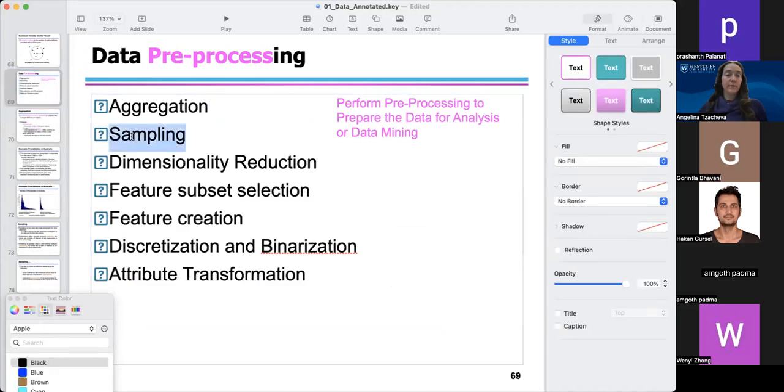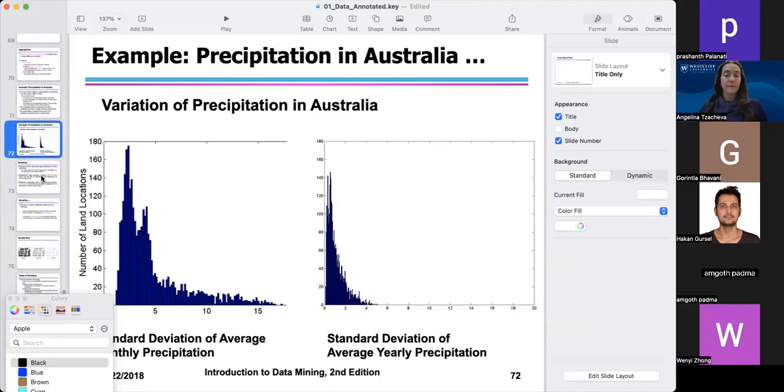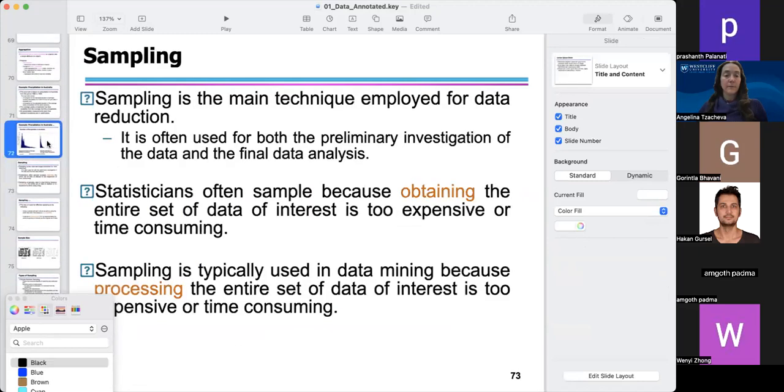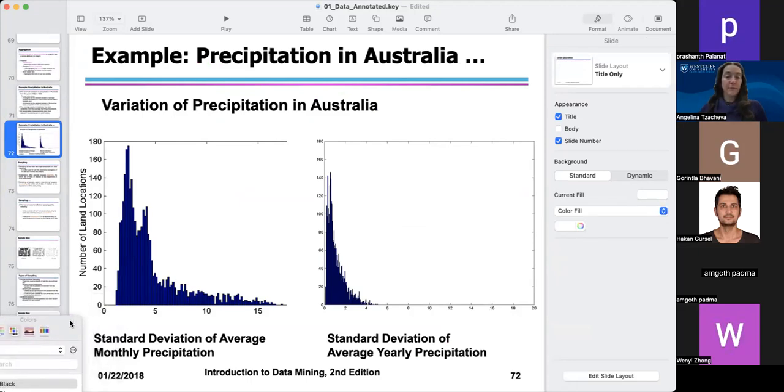Another technique for pre-processing is called sampling. So sampling, we kind of did this last time, when we were converting the continuous attributes to discrete attributes.